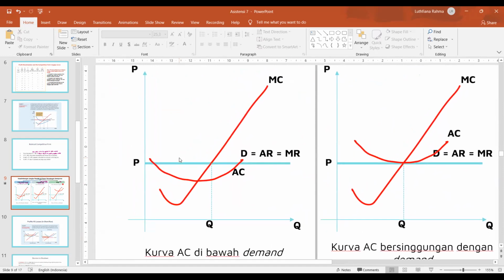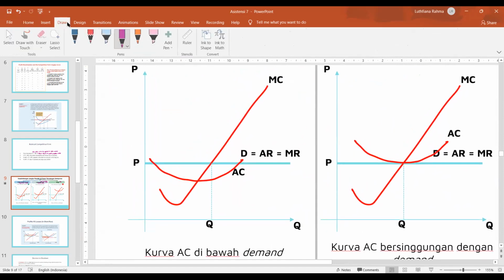If we talk about the first condition first, here I will zoom in. It is the supernormal profit. Remember that the firms will always produce at MR equals MC. The producer will always produce at its profit maximizing condition, and that would be at the point where marginal revenue equals marginal cost.